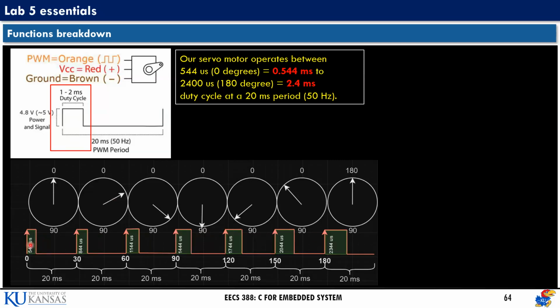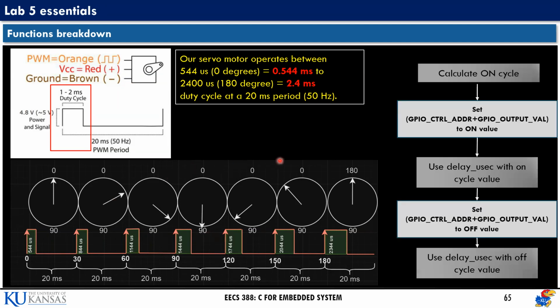So as the pulse width increases, the rotation of the motor also changes according to the pulse width. I hope this picture was very helpful to illustrate how we can control the rotation of our servo motor.